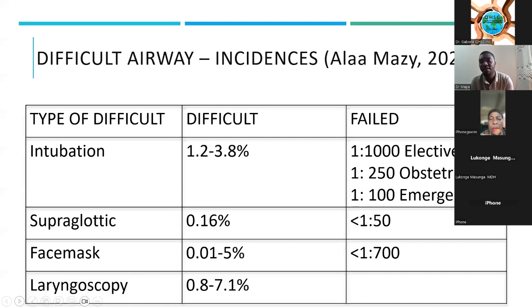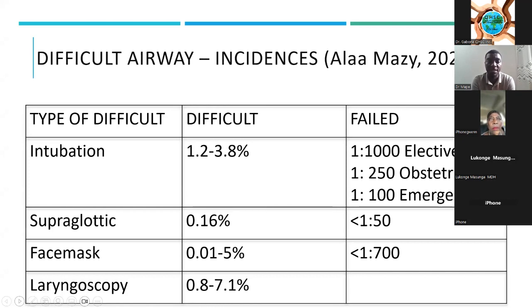And there is a chance that one among 1,000 might fail to achieve oxygenation and ventilation, mostly in elective cases. But in obstetric cases, one among 250, you might find yourself failing to achieve oxygenation and ventilation. And much worse in emergency situations, one among 100.